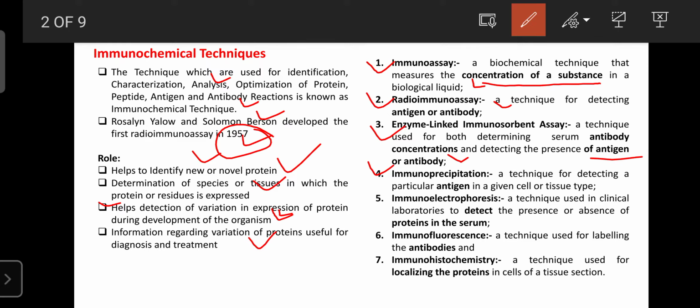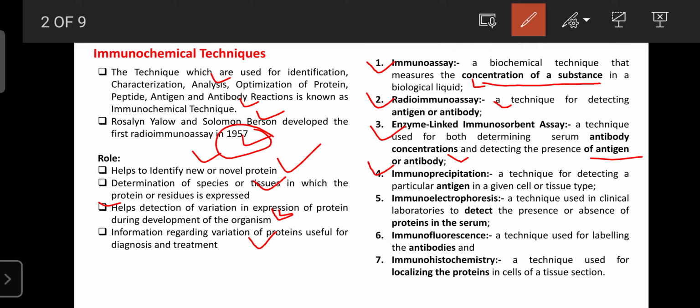If the precipitation is formed, a certain particular color is formed. If that color is formed, it can definitely confirm that the antigen was present, so that the candidate is suffering from that particular disorder or disease. That kind of technique is known as the immunoprecipitation technique.